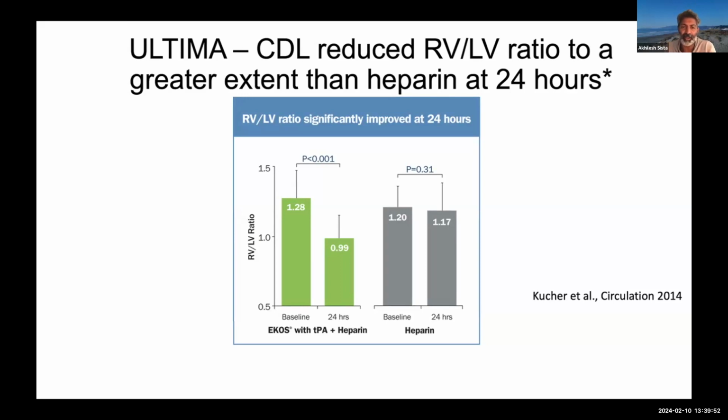At 30 days, these two caught up with one another. RV dysfunction seemed to be more prevalent in the anticoagulant-only group at 3 months. But other than that, we don't have a lot of data to say that we should routinely be using CDL or CDT or mechanical thrombectomy, whatever techniques you want to put in there, routinely for patients with intermediate risk PE.